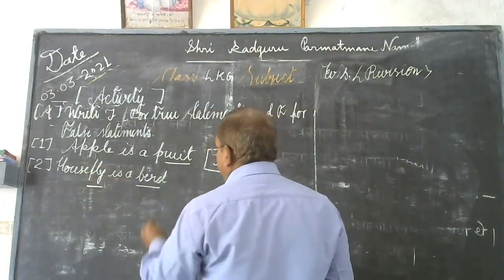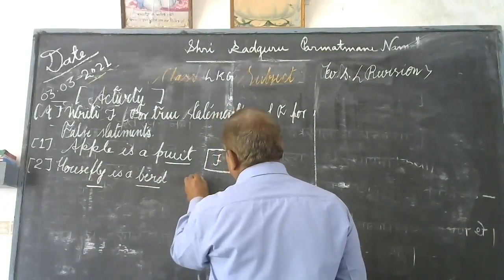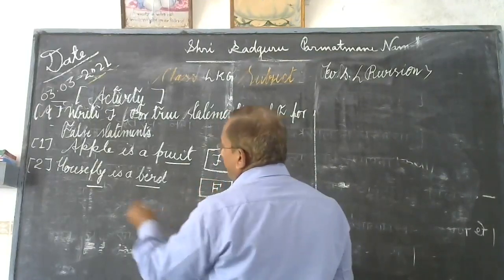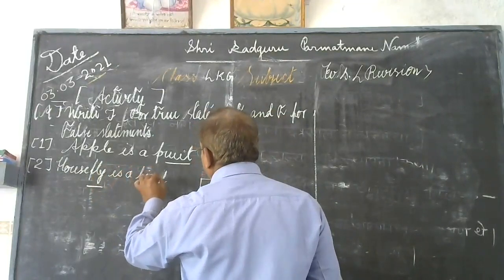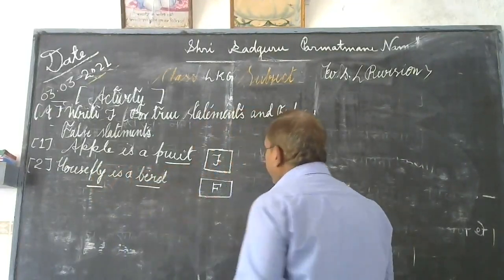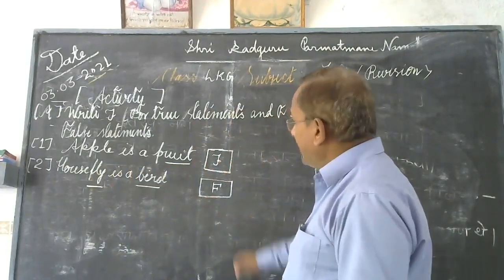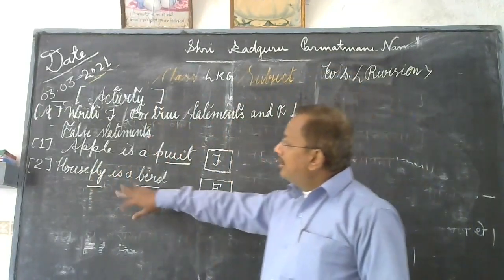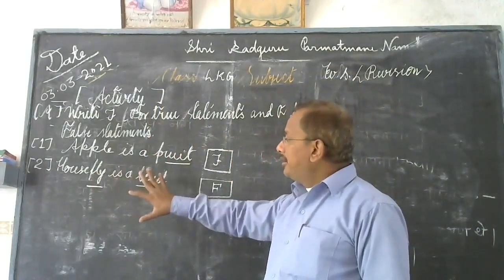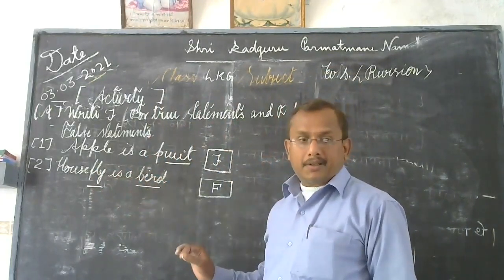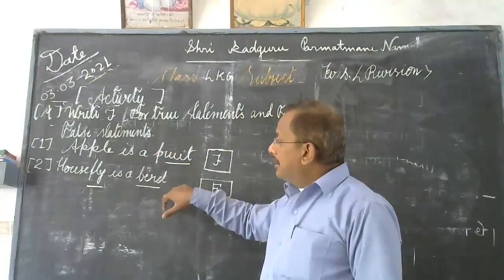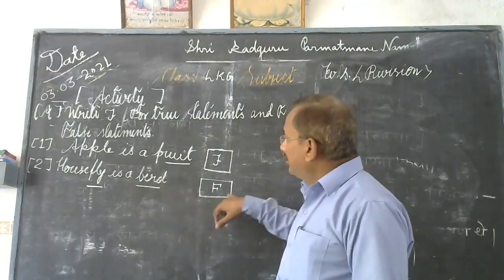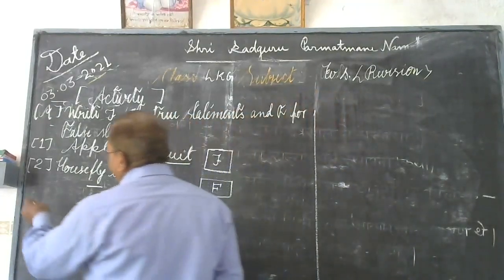The answer is F. Why? Because a housefly is an insect and it is not a word. So we put F here. Have you understood why we put F here? Because housefly is an insect. In the sentence it is written that housefly is a word, which is wrong. So we will put F here. Okay, next please.